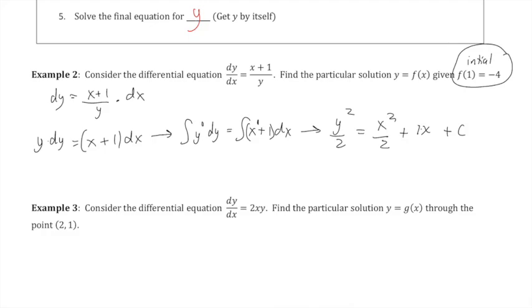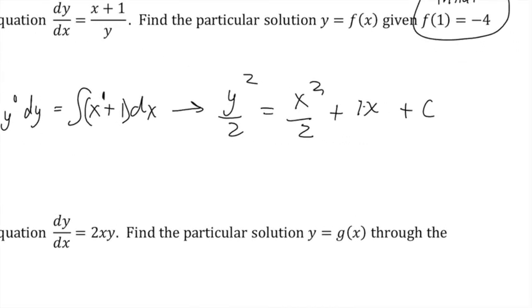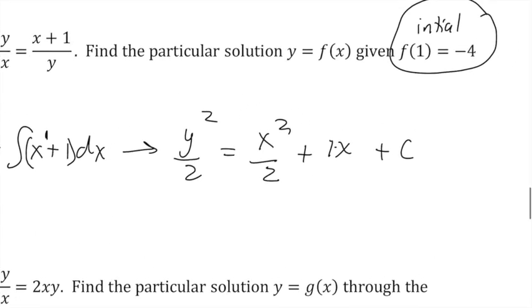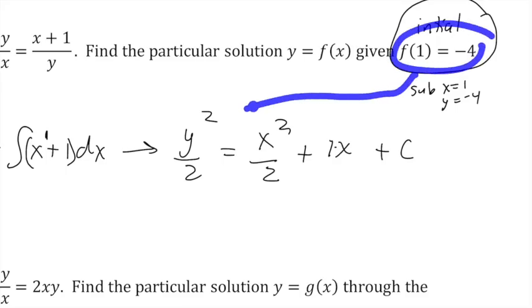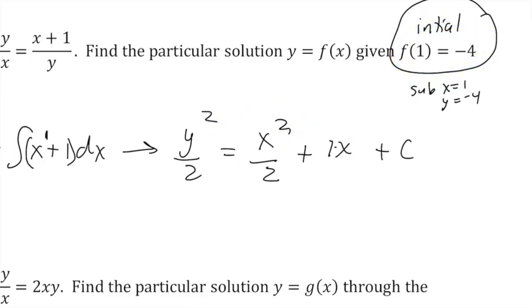Now our next point is we need to find c. And we're going to do that by substituting in x equals 1 and y equals negative 4. Because that's our initial condition. So you plug that in there, there, and there, and then solve for c.